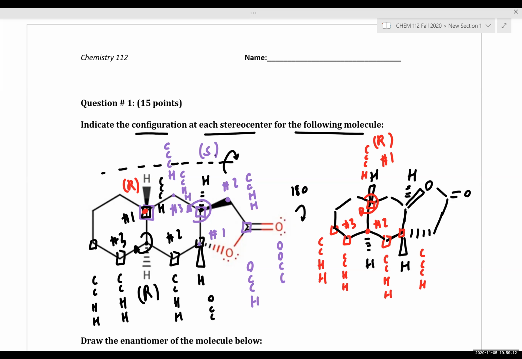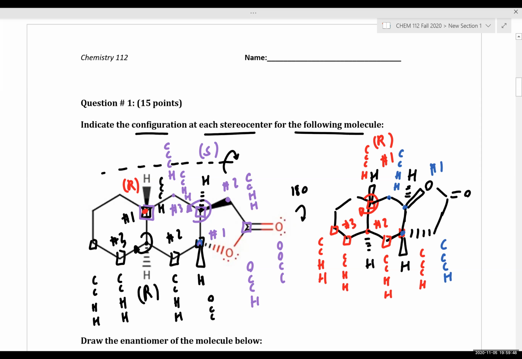Perfect. Now for our last center, right here, which corresponds to this carbon right here, because we rotated 180 degrees, just like turning over a pancake. So oxygen is highest priority. And now looking at our next 2 atoms, we have a carbon attached to 3 carbons and a hydrogen versus 2 carbons and 2 hydrogens.